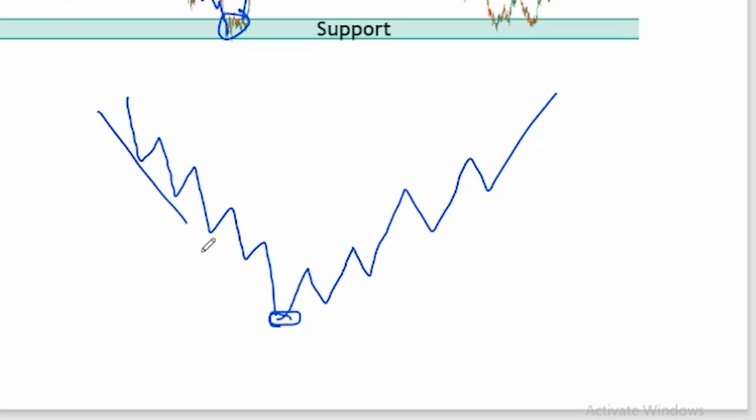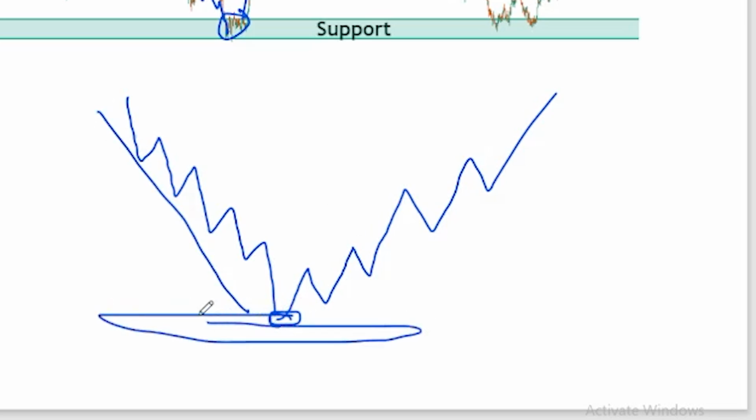We've been moving down. When we reach in these areas of support, we change the direction or we reverse to the upside. When we reach in this area again, we turn into starting making lower lows and lower highs to the downside. This is a reversal from resistance to the downside.